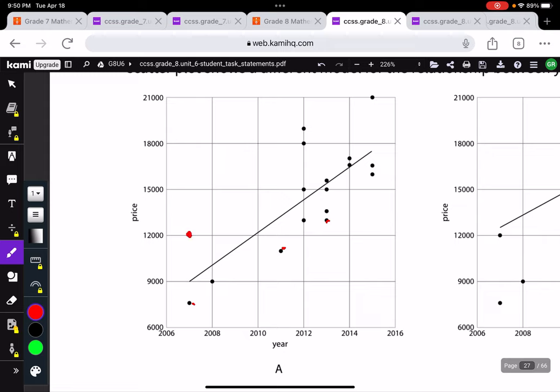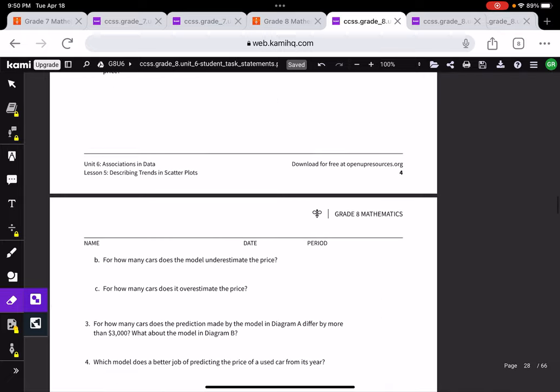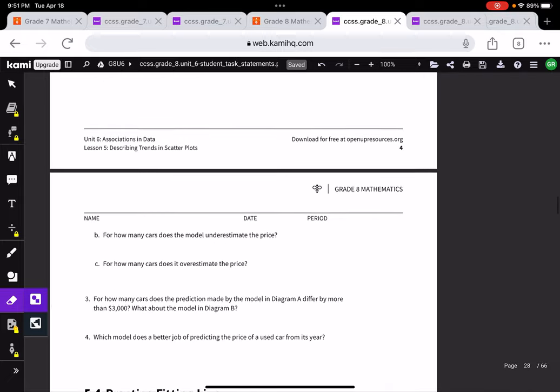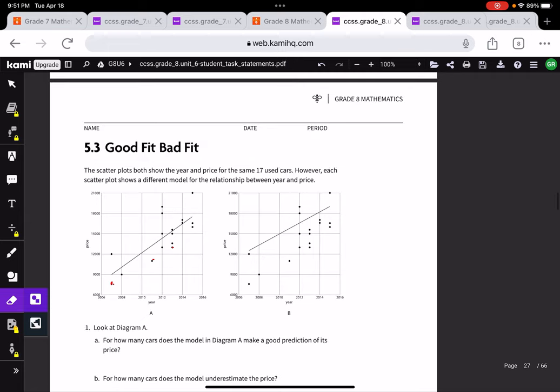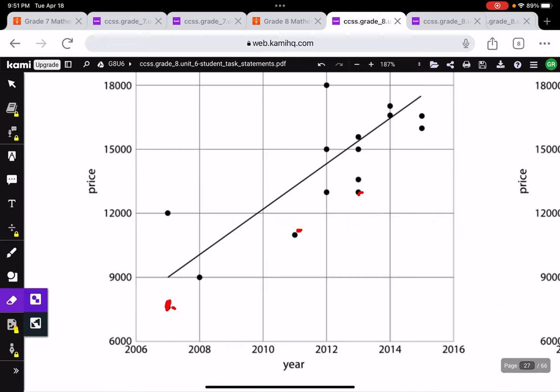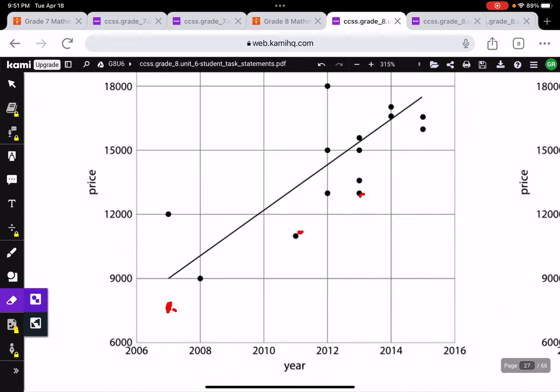Here is the price for this, and here's what it should be for 2007. Here's what the price is. First off, is that more than $3,000? The question is saying more than $3,000. Technically, that's almost exactly $3,000, so it depends on if we want to include that one.